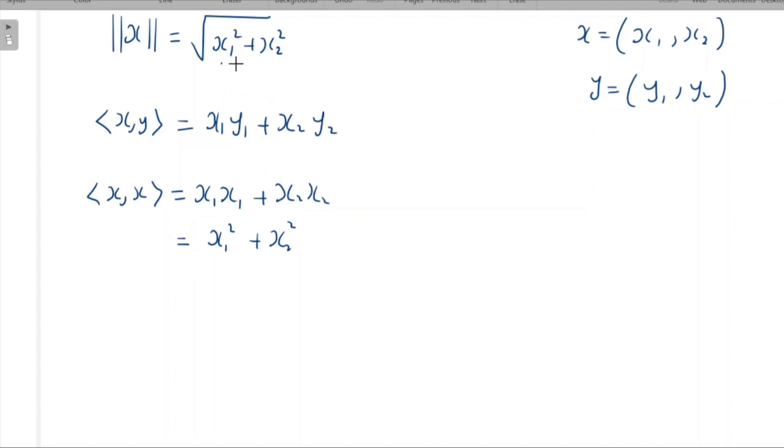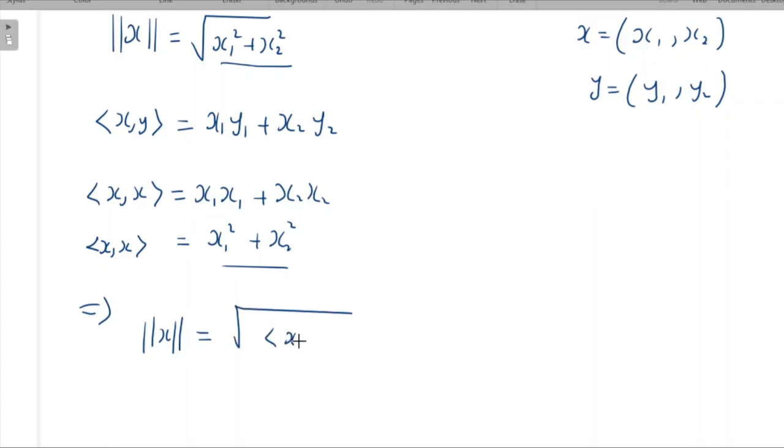Looking at what we have under the square root and my result here, which is the same thing, it implies that the norm of x can be written in terms of the inner product of x with itself, under a square root. So this is the major relationship between inner product and norm.